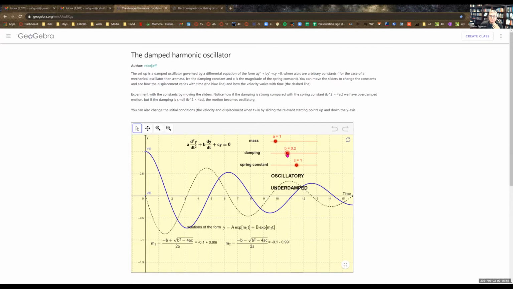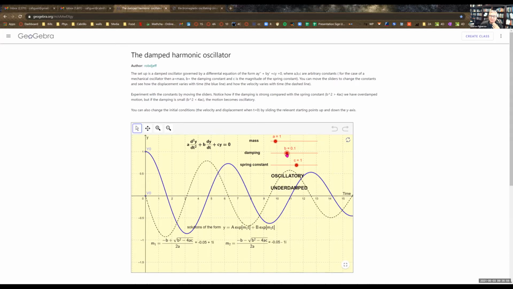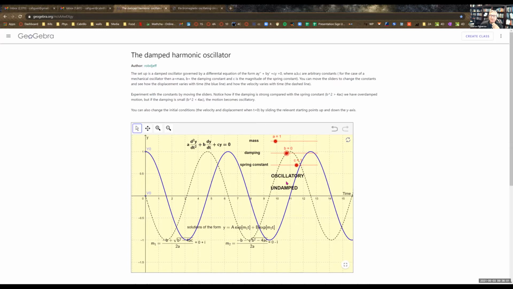So if I set this to 0, it doesn't allow me to just type it in here. And you could see that I have an oscillation that is perfect. It's undamped oscillatory motion.